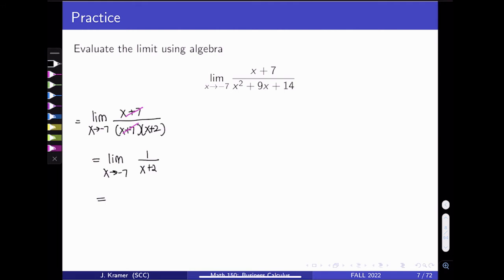Notice that I've carried the limit notation in every step until this last step. I can drop it because I'll be plugging in the -7. So 1 over (-7 + 2) is -1/5. So the limit as x approaches -7 of (x + 7) over (x² + 9x + 14) is -1/5.